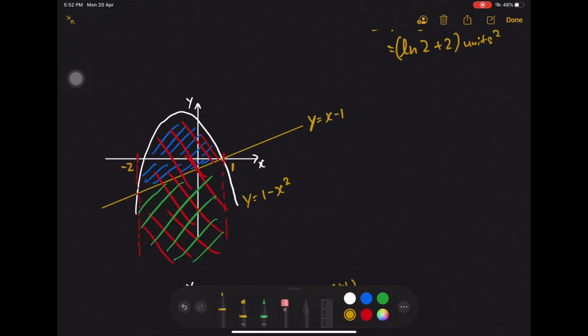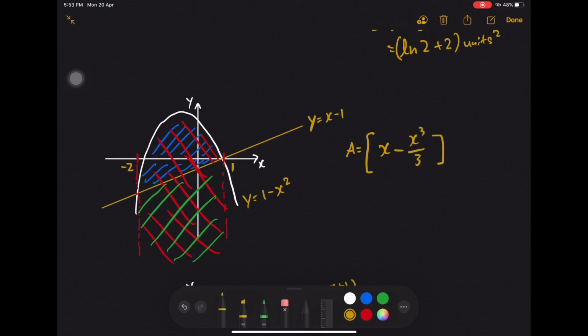So we're going to integrate the curve first. This is with respect to my x-axis. So I'm going to do a bit of shortcut. In this case, we're going to integrate 1 minus x squared first. When we integrate 1 minus x squared, we get x minus x cubed over 3.